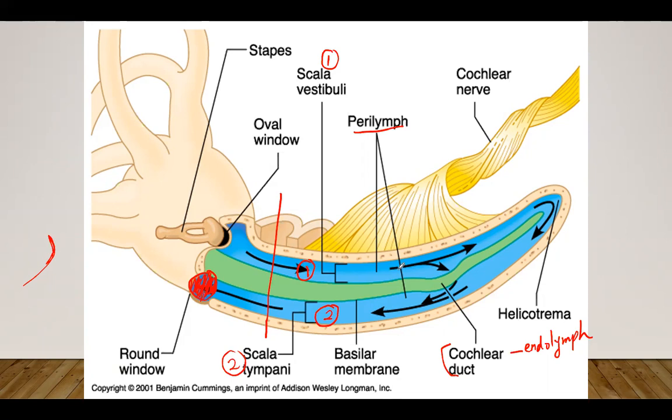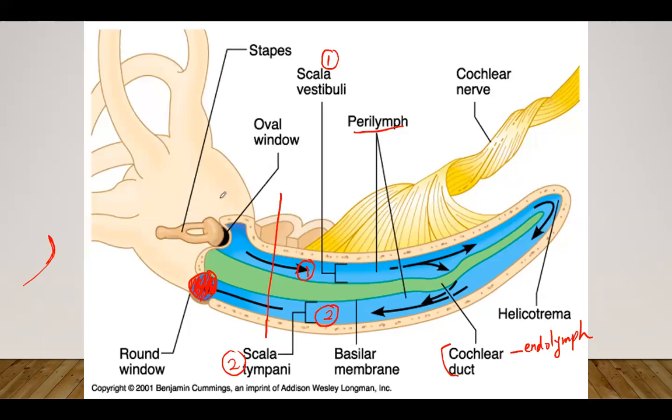As this vibration gets into this space, the fluid within this space cannot compress. Just because you're introducing a wave to it doesn't give it the ability to compress. So those extra waves getting into your ear have to have a way to be relieved. And that relief point comes from your round window.